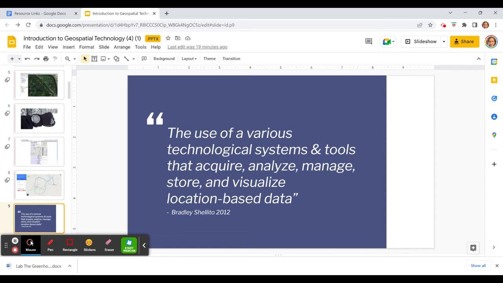It's technology that has the ability to acquire, which means to gather or take data, it analyzes it, it manages it for us, and then it stores it. And then it visualizes it for us, because we're humans and we want it to be visualized.